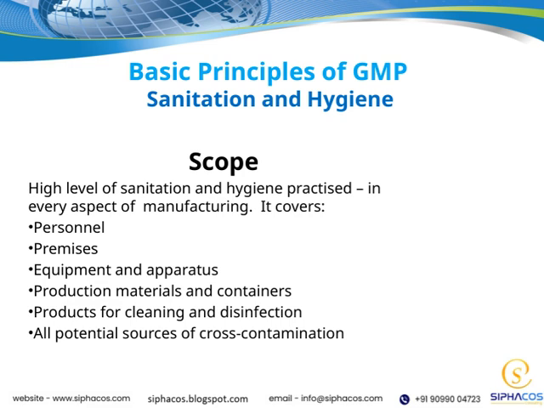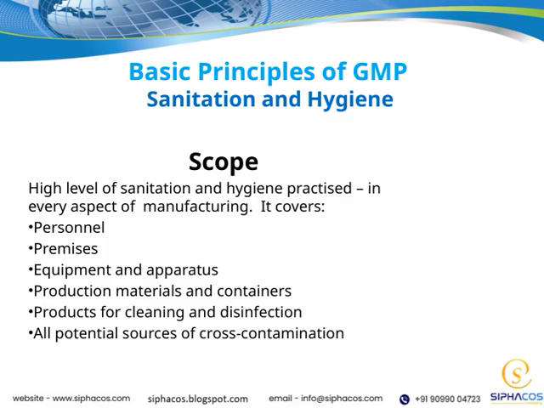Equipment and apparatus need regular cleaning and sanitizing to avoid any residual contamination. Production materials and containers must be handled carefully, ensuring they don't introduce any impurities. Even products used for cleaning and disinfection are part of this scope. They must be effective and properly managed.